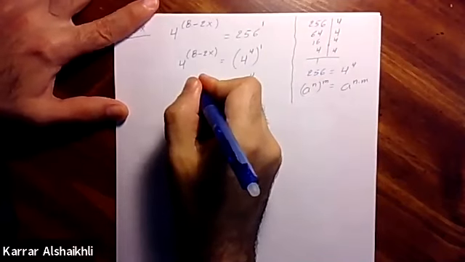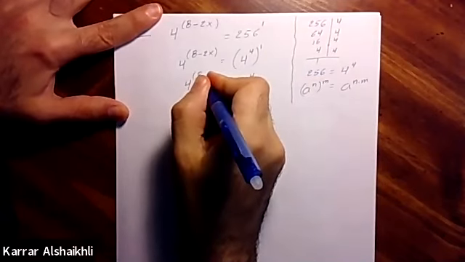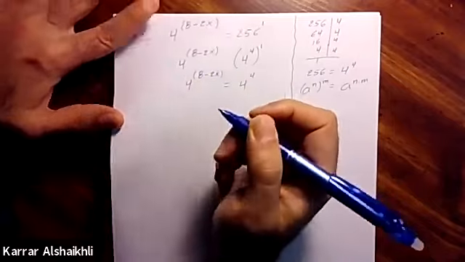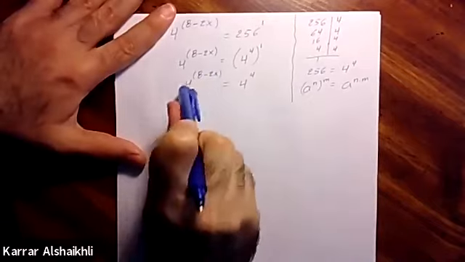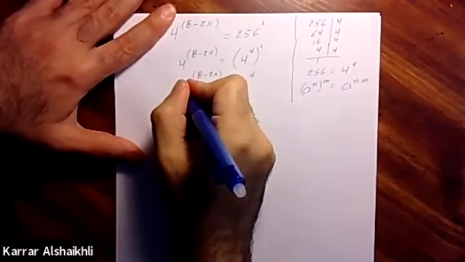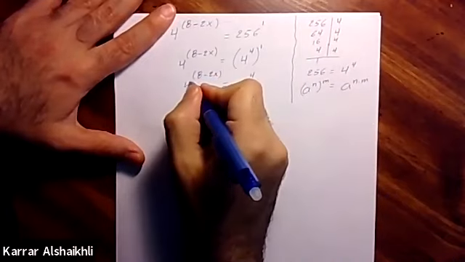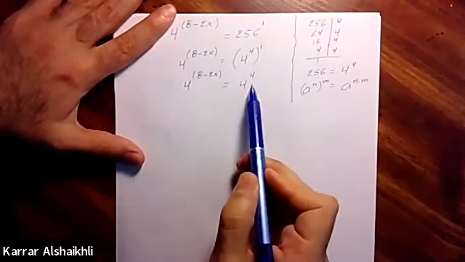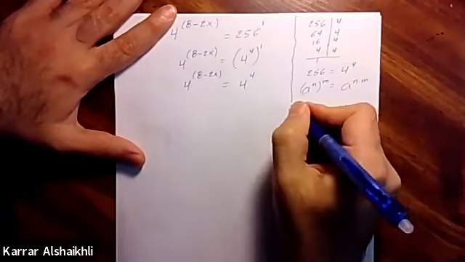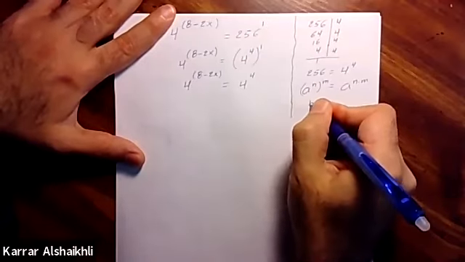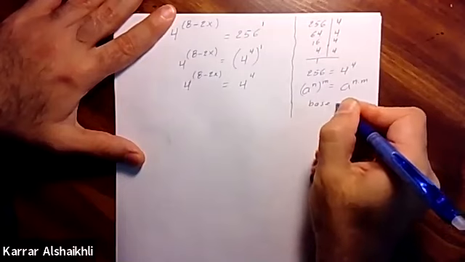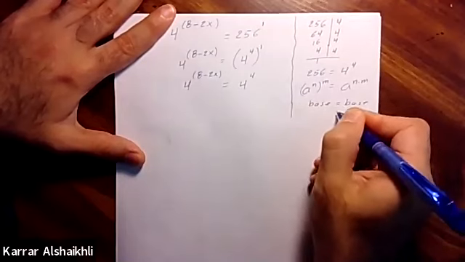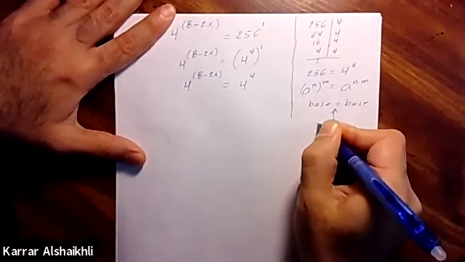Left side, just write down 4 to the exponent 8 minus 2x. Not going to do anything with the left side. Now, if you check this one, I have equal bases. There's a rule that says if you have equal bases, that means you have equal exponents.